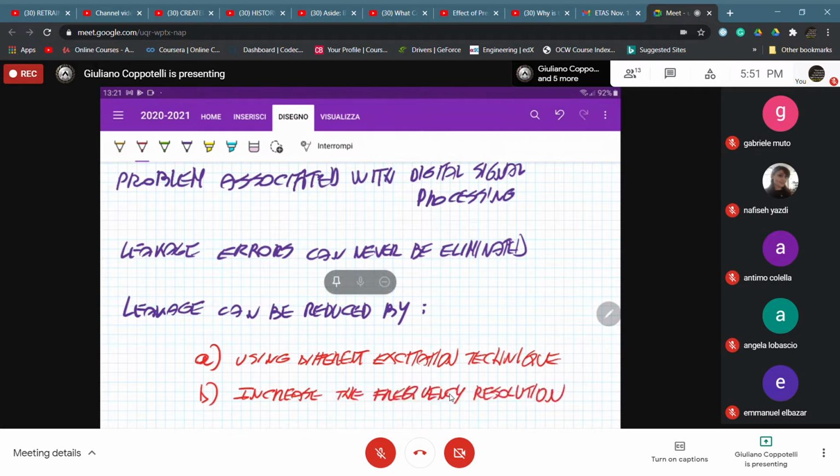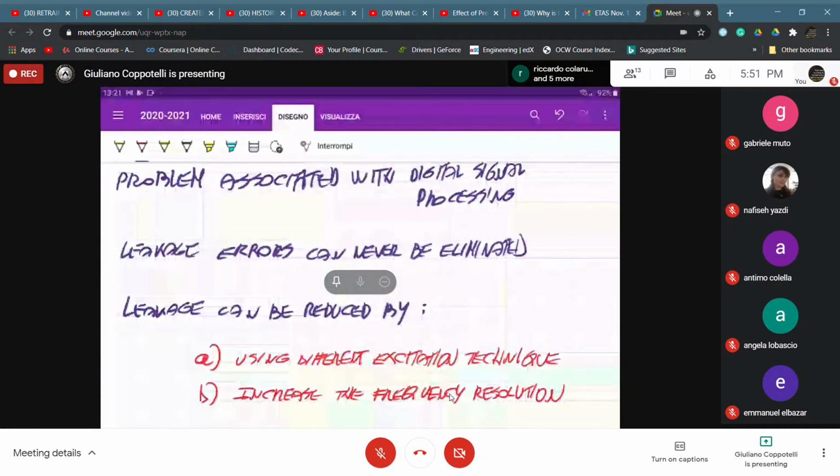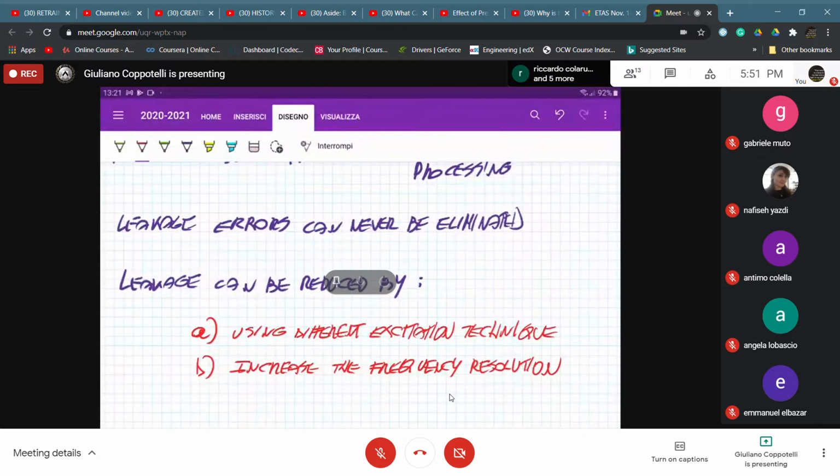Remember, if you increase the frequency resolution, that means that your observation time, your time in which you are measuring the signal, is going to have very, very large values. If you have a very high frequency resolution, you will stay there for a long time. That is, your observation period is practically going to an infinite value.